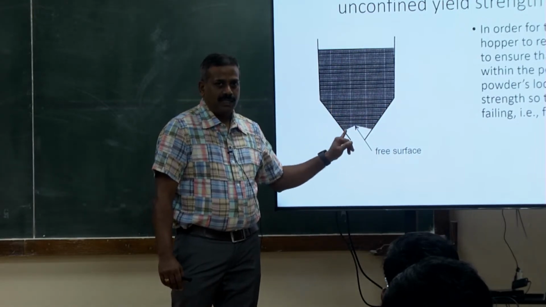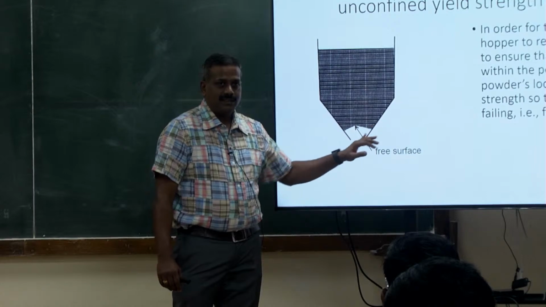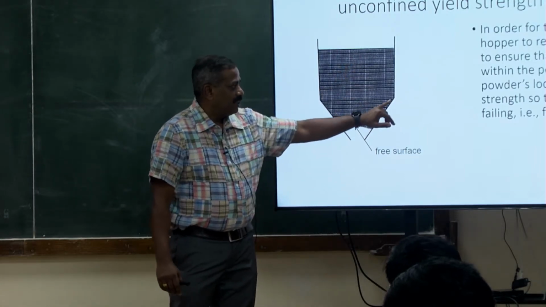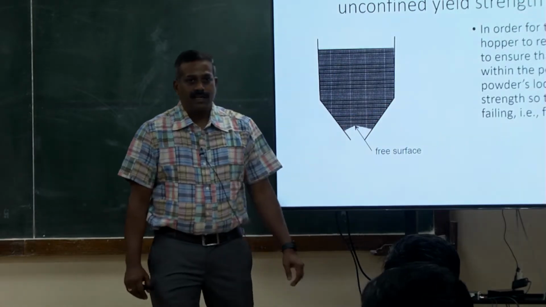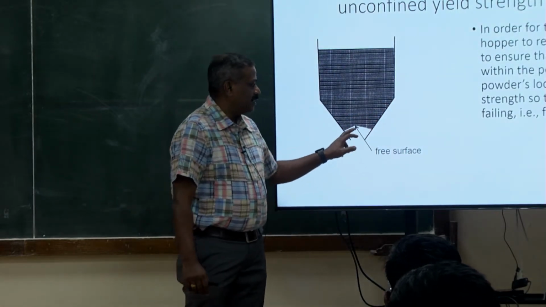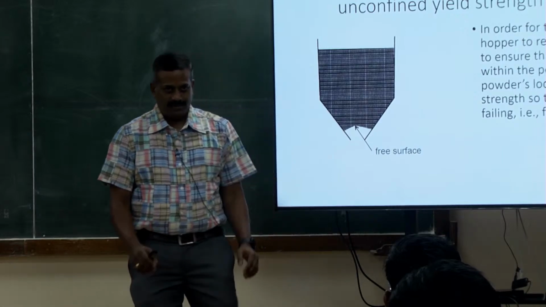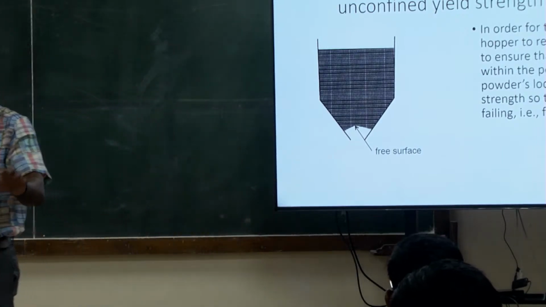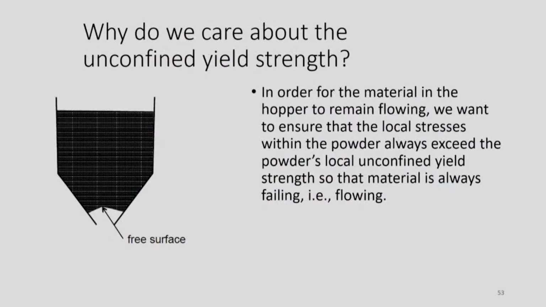So one basic thing that we are designing is the hopper angle. Based on the properties, you can design an appropriate angle so that the strength at this layer is low. I'll show you some examples about hopper design or hopper angle calculation.